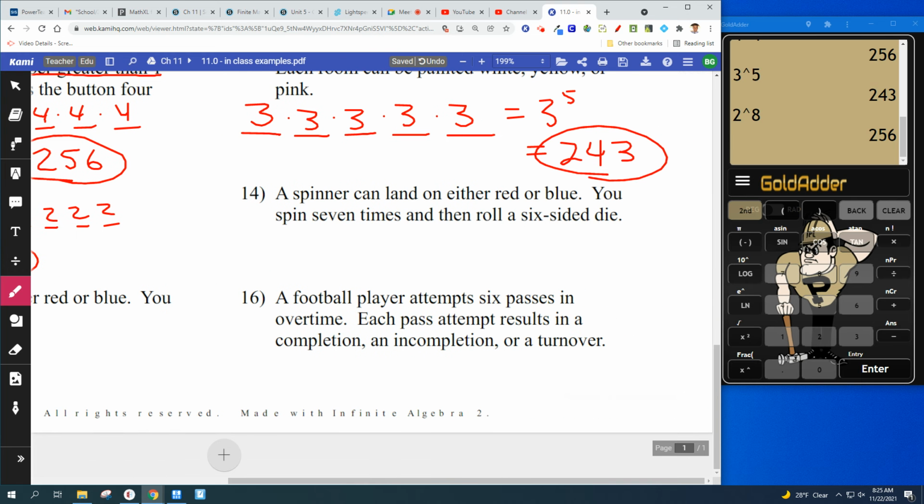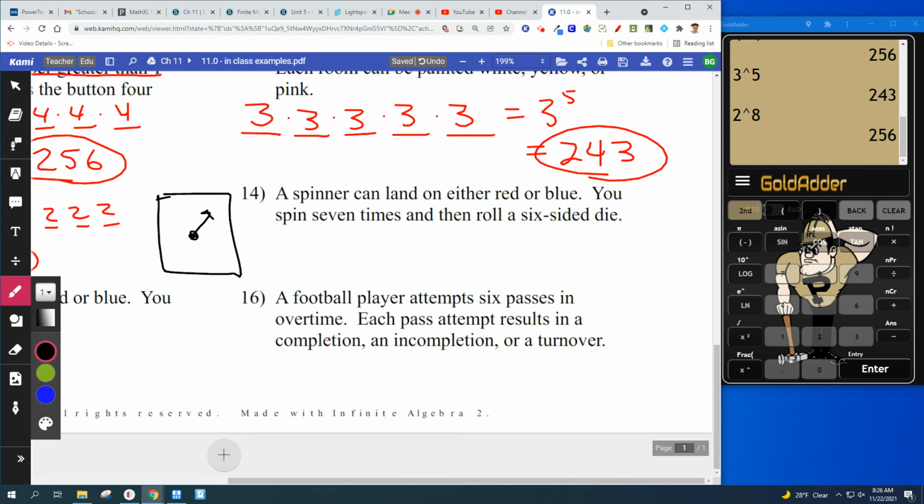A spinner can land on either red or blue. You spin 7 times and then roll a 6-sided die. Everybody know what they mean by a spinner? You've got a game board and you flick this little arrow and it spins around and around.